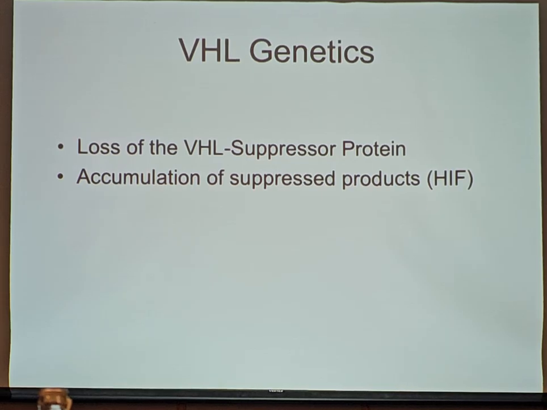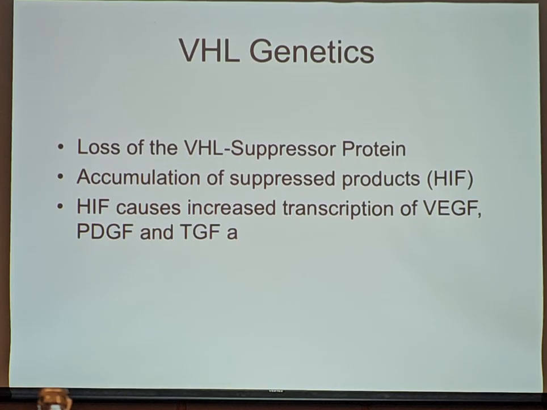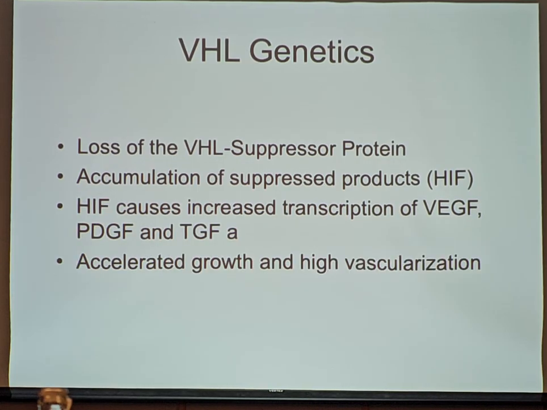Therefore, in patients who have von Hippel-Lindau disease, you have an accumulation of the previously suppressed products, i.e. HIF is skyrocketing, which means that what will now increase? VEGF. And if VEGF increases, we will have what?